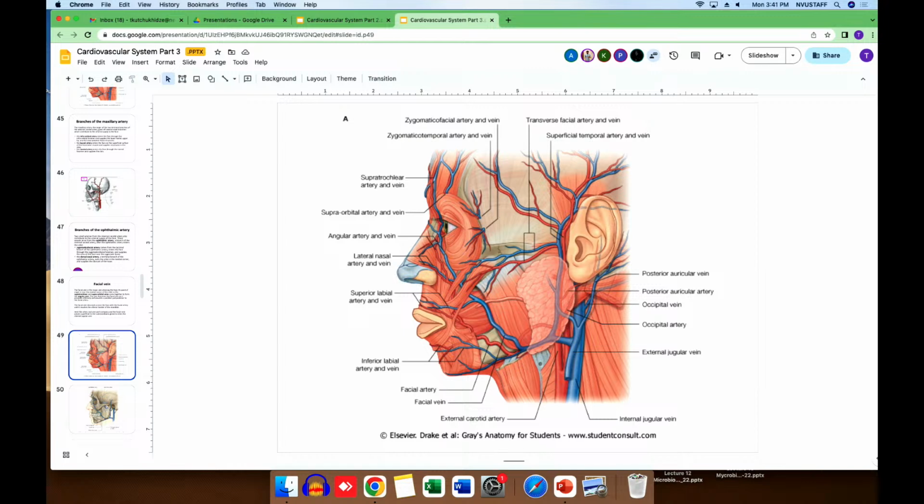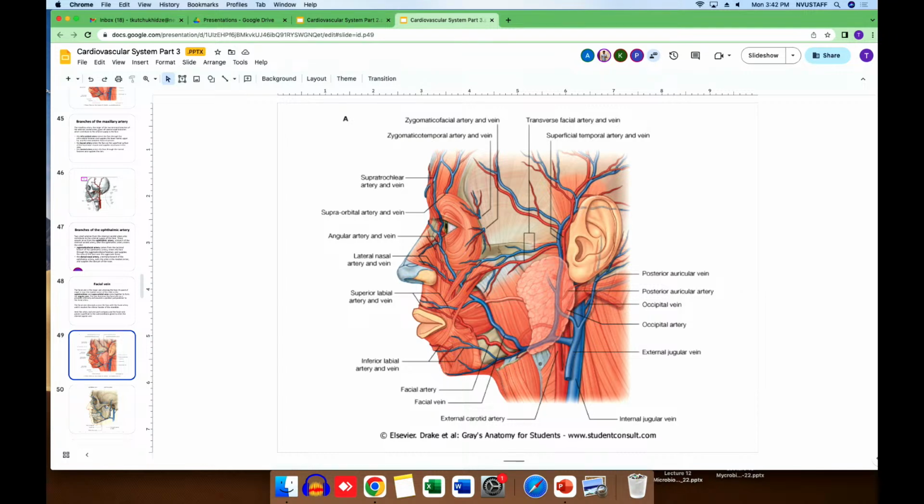So ophthalmic arteries are two small arteries coming from the internal carotid arteries. I would like to highlight that all the arteries that we had were coming almost from the external carotid arteries. Some were coming from the temporal area, but these ophthalmic arteries are coming from the internal carotid arteries. And they have their own two branches.